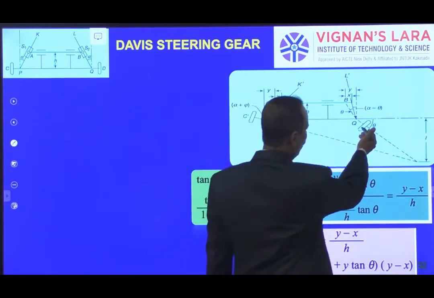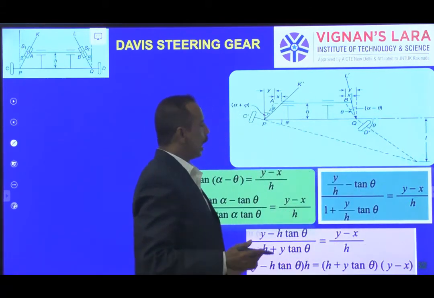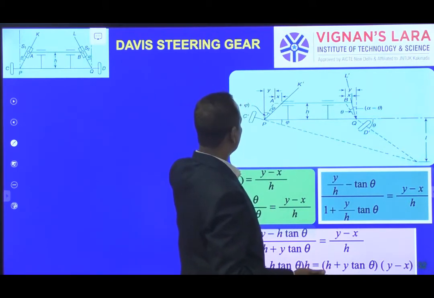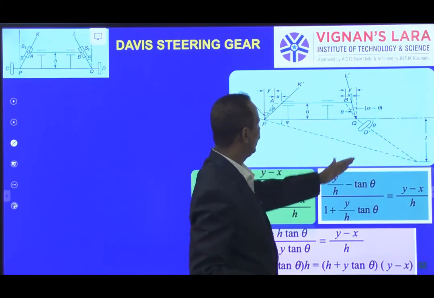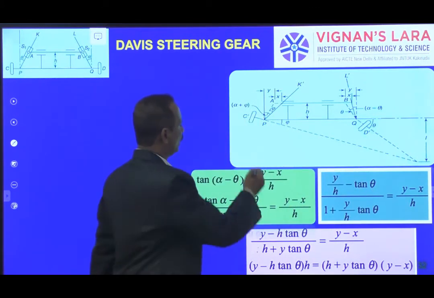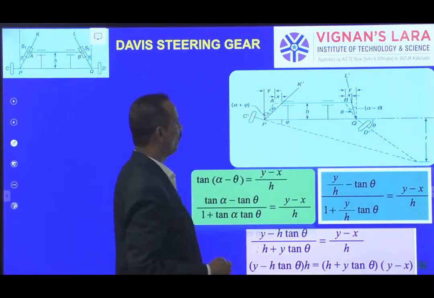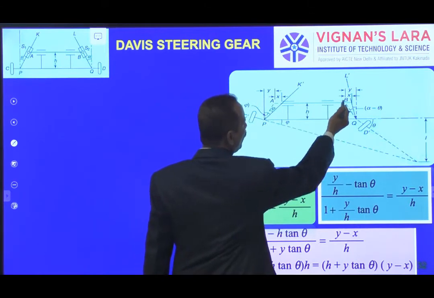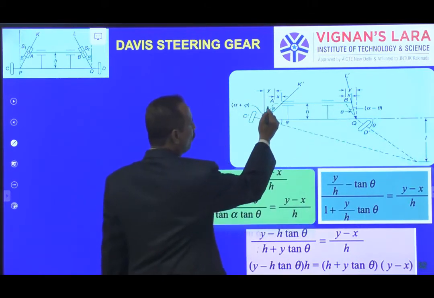As we stated already, the outer and inner front wheels make angles of phi and theta. The inner front wheel makes an angle theta, and the outer front wheel makes an angle phi.